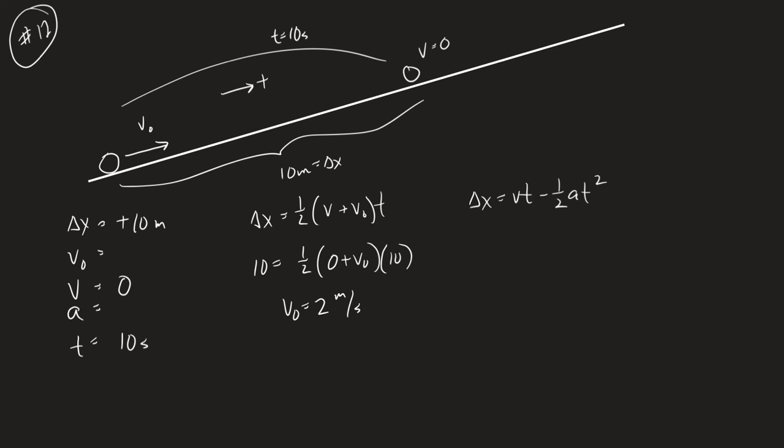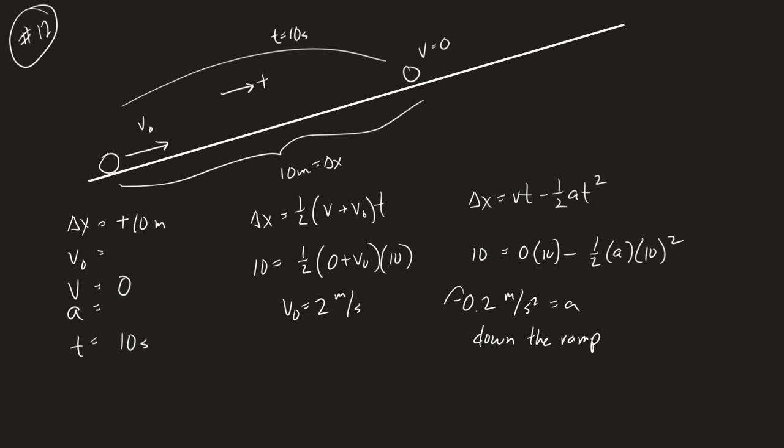I'm going to use this to solve for the acceleration, which is going to be 10 equals 0 times 10 minus 1/2 a 10 squared. 10 squared is 100, half of 100 is 50, 10 divided by 50 is 1/5, or negative 0.2 meters per second squared equals the acceleration. So down the ramp. That's how I'll interpret that negative sign.